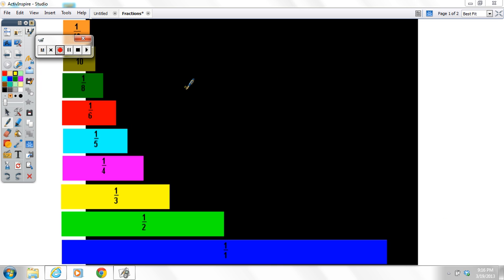Now, you're not always going to be able to see that with fraction models. And there's an easier way of determining what a mixed number would look like as an improper fraction.